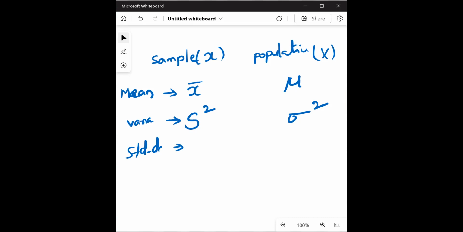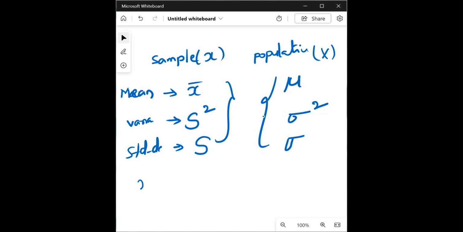For a sample we represent it with a capital S, but in case of population, we represent it with sigma. These are the three parameters we need to remember, as most of the time we are going to be using these.